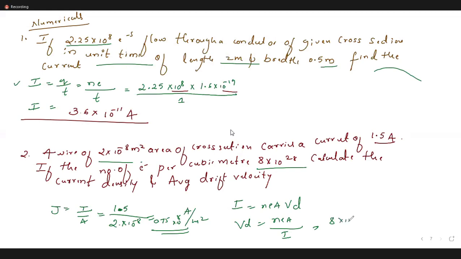So then substitute here, N is the number of electrons, into 10 to the power of 28. Charge of electron is 1.6 into 10 to the power of minus 19, right? Into area, 2 into 10 to the power of minus 8, divided by I, 1.5. Tell me the value of VD.